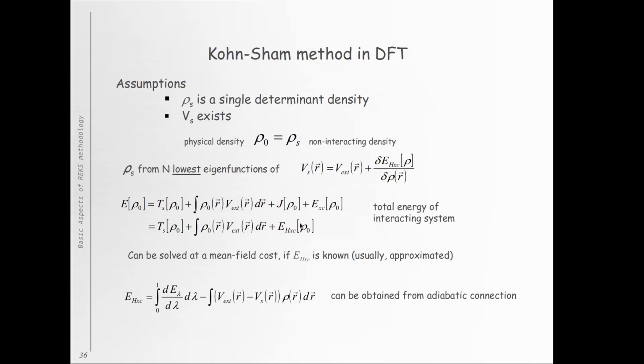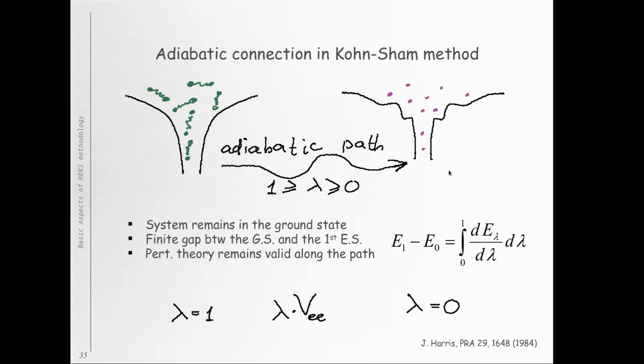The rest we can further split into the classical Coulomb repulsion between the electrons with this density and the so-called exchange-correlation energy. In this way, we obtain the energy of the interacting system through solving a many-body problem for non-interacting particles, which is very easy to solve.